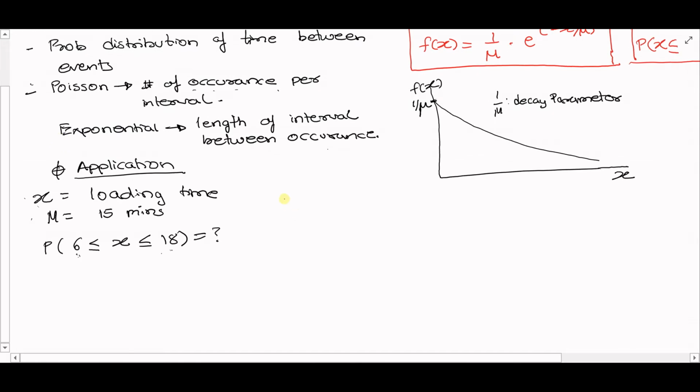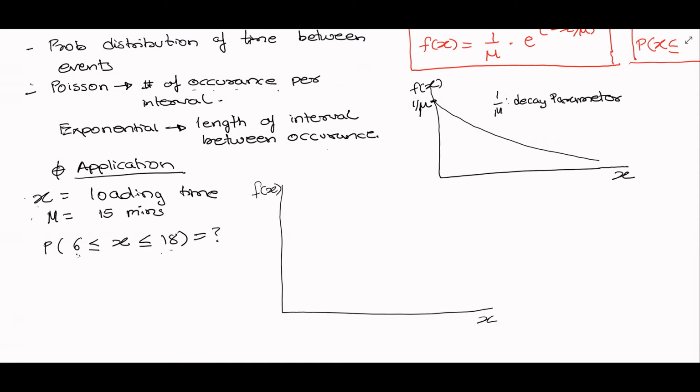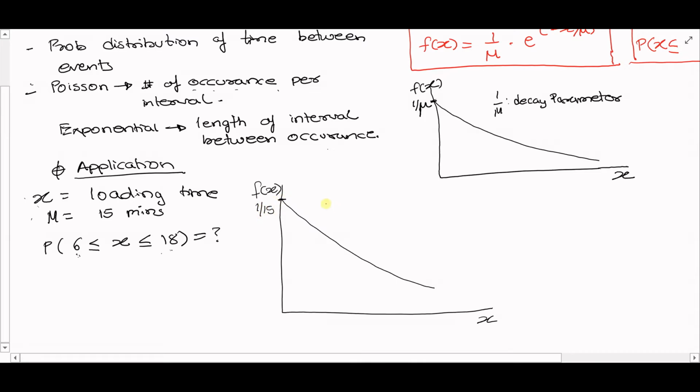Again, the best way would be to use a graph to understand what is being asked. So the horizontal axis is the random variable, the vertical axis is the probability of that random variable or probability density function, and this point is 1 over 15 in this example, which is nothing but 1 over mu, often known as the decay parameter.